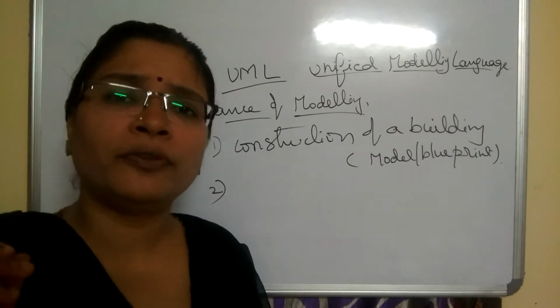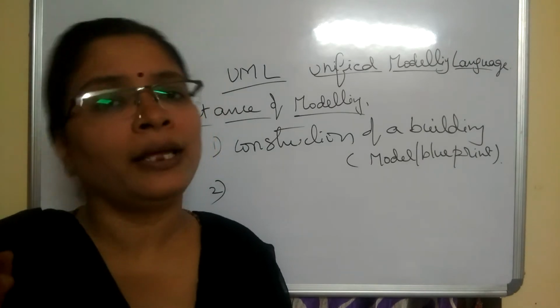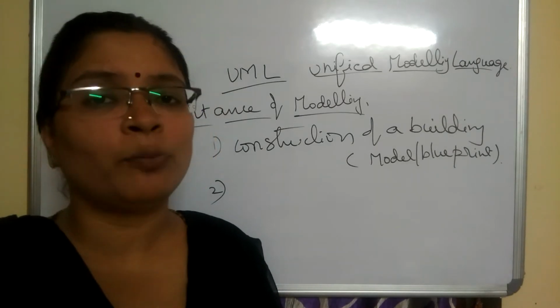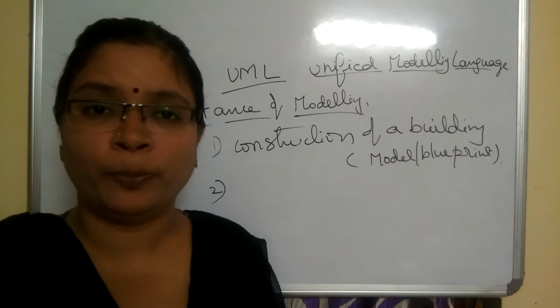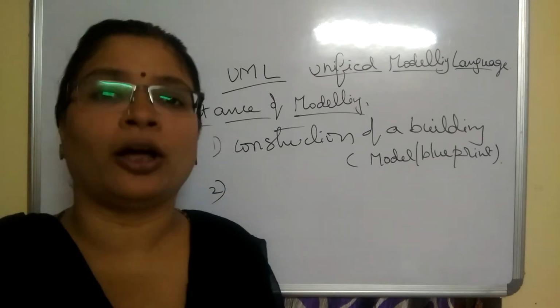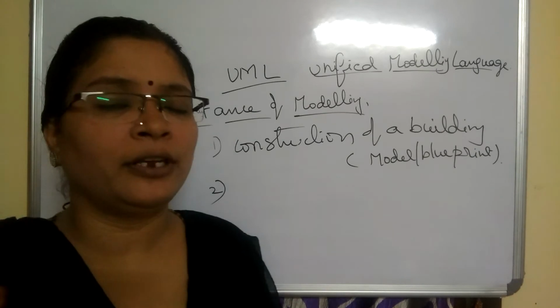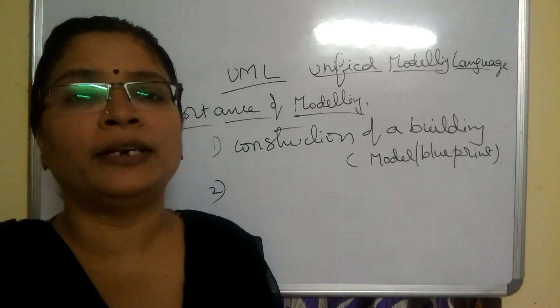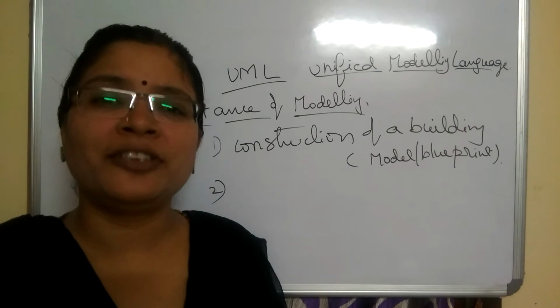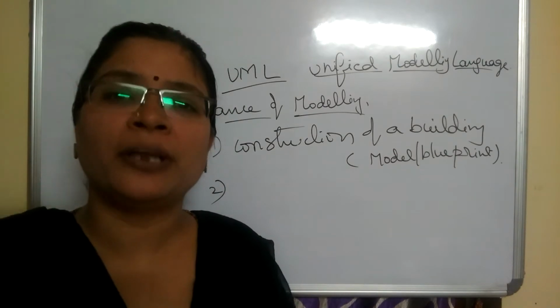So what is the use of that photograph? Based on that only he will stitch. So it acts as a model or blueprint for stitching a cloth. That is also one of the important things. Whenever there is no model, no blueprint, we cannot stitch a shirt, we cannot construct a building.